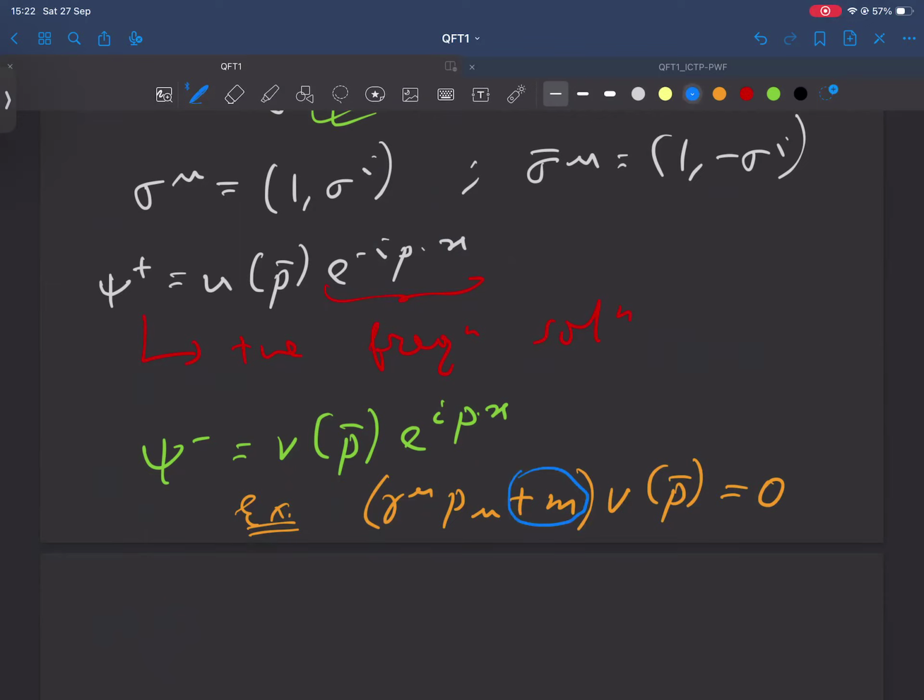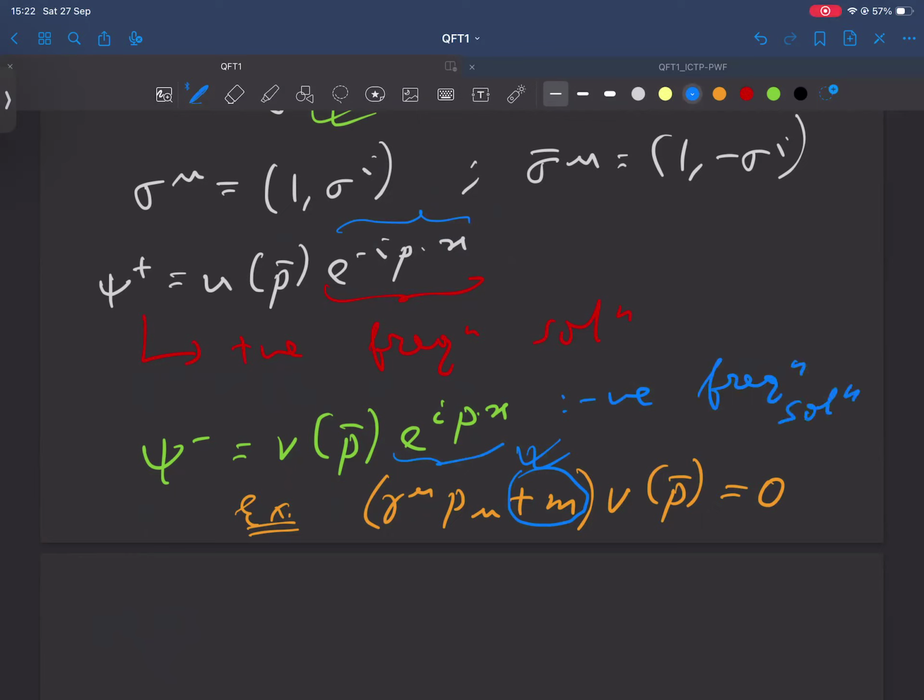This is just a label. The reason is that for the other direction moving solutions you get a plus m, but for the positive frequency solutions you get a minus m. So there is a flip of m to minus m. That's why m is not an observable or the mass.